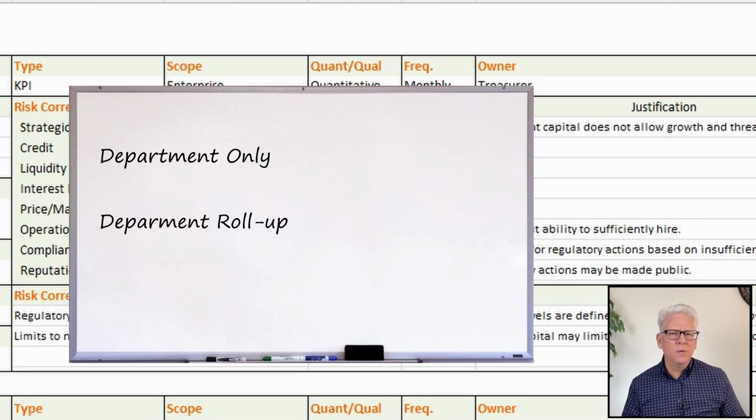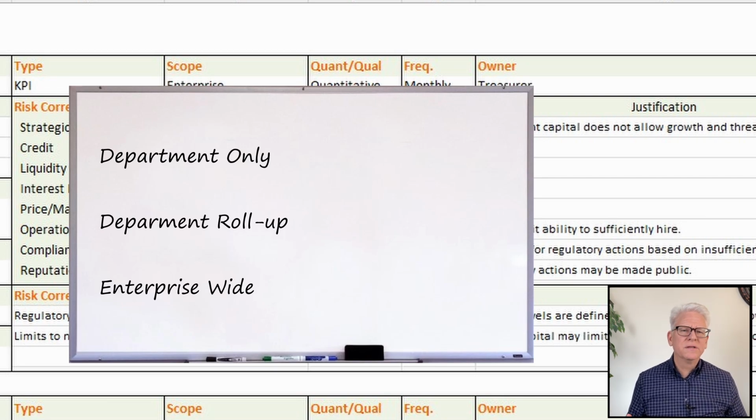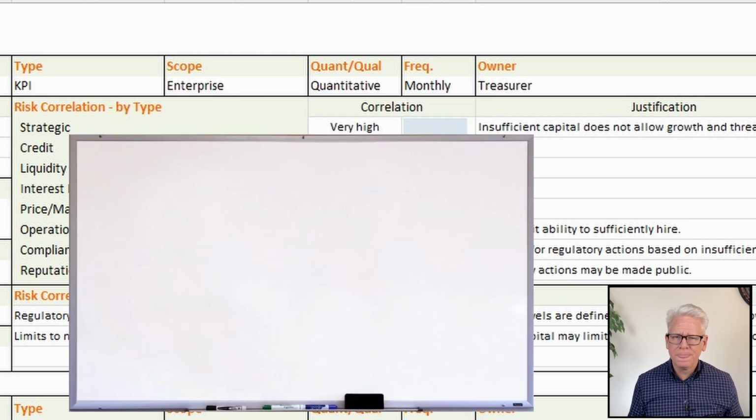Second is department roll-up, meaning it's a homogeneous metric that originated within business units but can be aggregated together. And finally, enterprise-wide, metrics that really don't align with a specific business unit, whether it reflects overall performance.